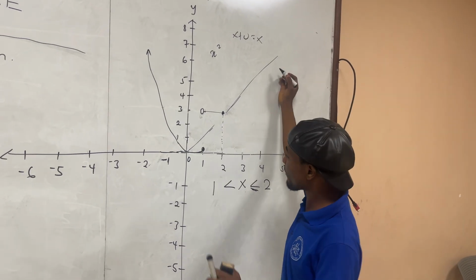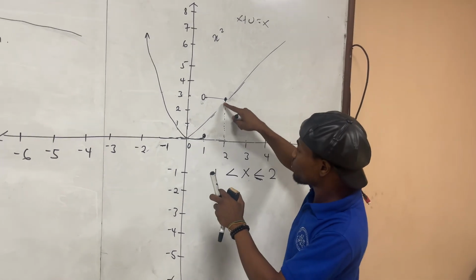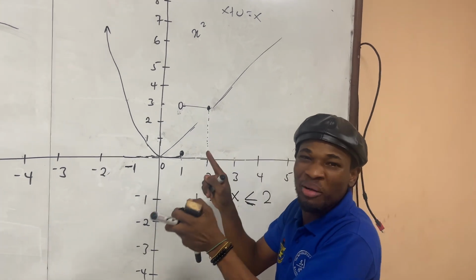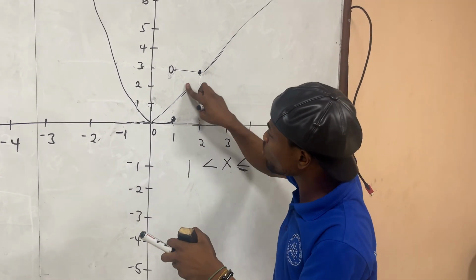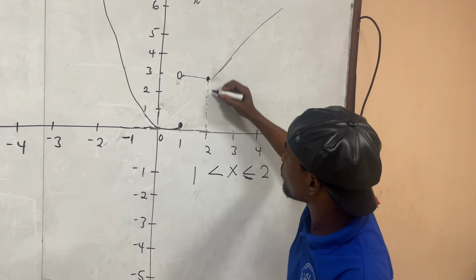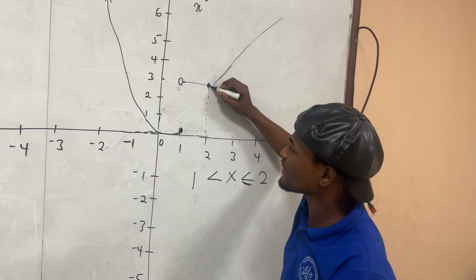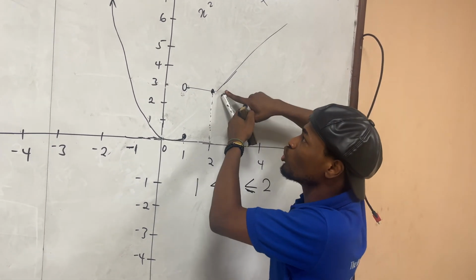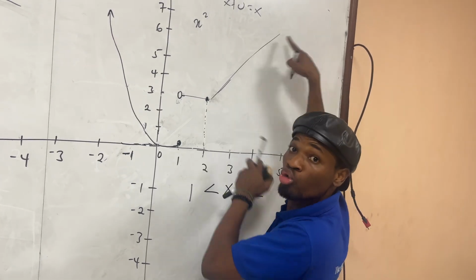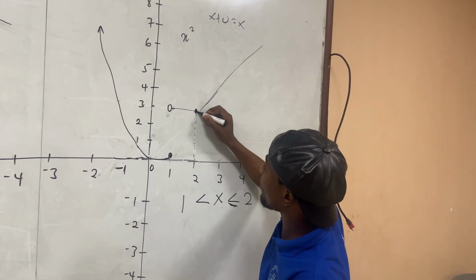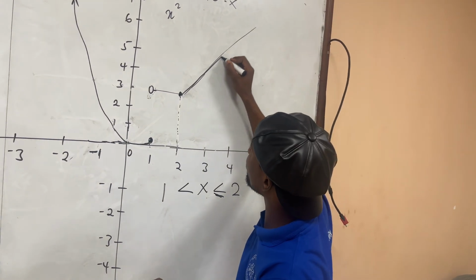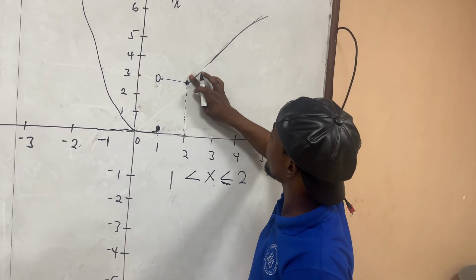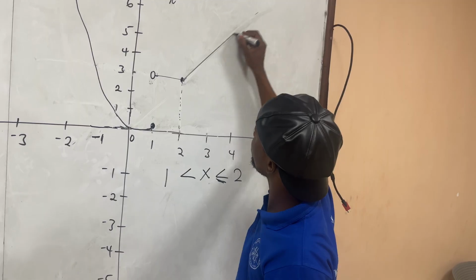So viewers, that means below 2 wouldn't make my function defined. So I'm going to discard this and focus on the graph over here, because it says it should be greater than 2. It should go beyond 2. So for that matter, I'll consider the graph this way.